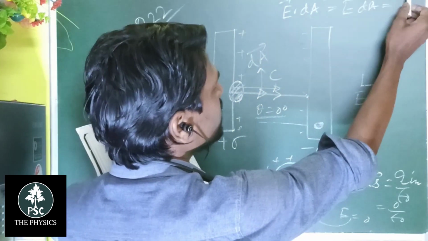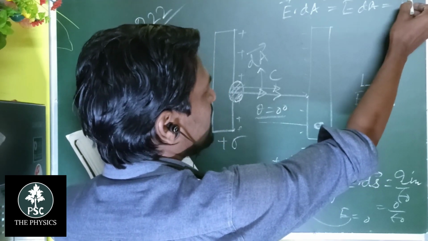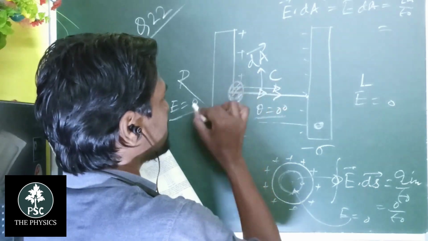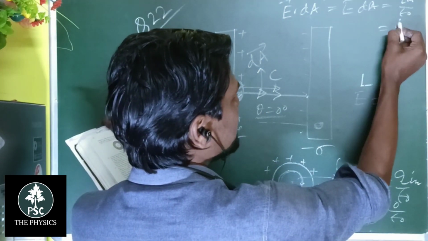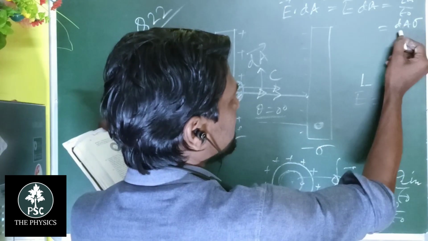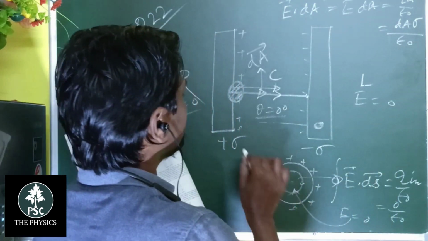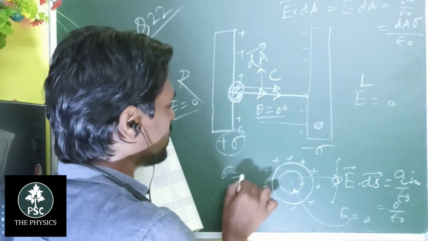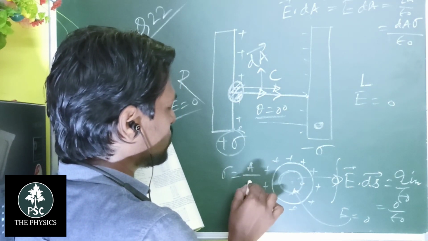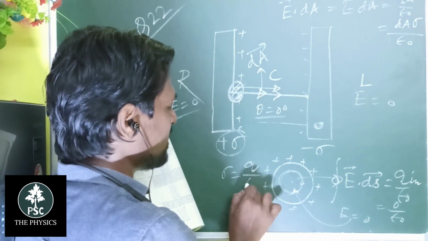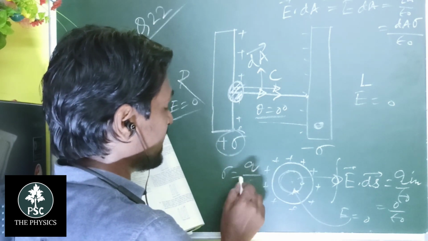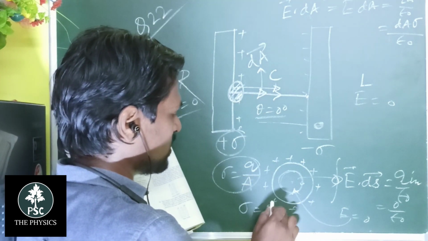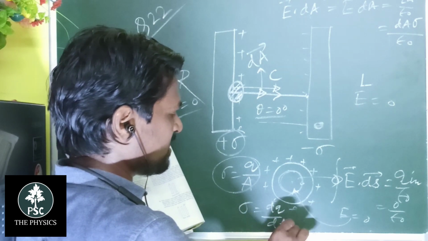So EdA equals net charge, that is, Q inside by epsilon naught. Q inside that surface equals surface area into sigma, so surface area into sigma by epsilon naught. Since sigma is the charge density, sigma equals total charge by total area, or you can think of sigma as dq by dA.